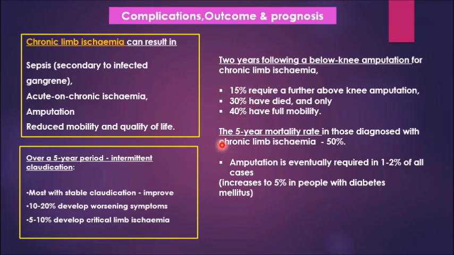It's not only from the limb ischemia, it can be from other cardiac events. Amputation is eventually required in 1 to 2% of all cases with chronic limb ischemia, and this figure is higher, 5%, in patients with diabetes.